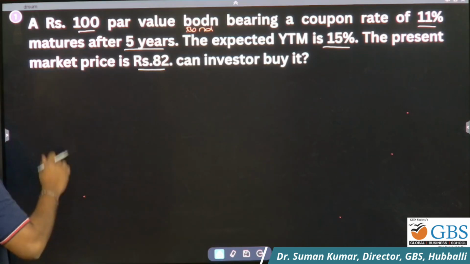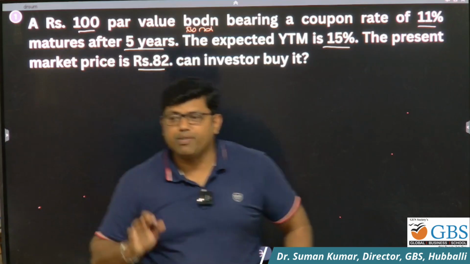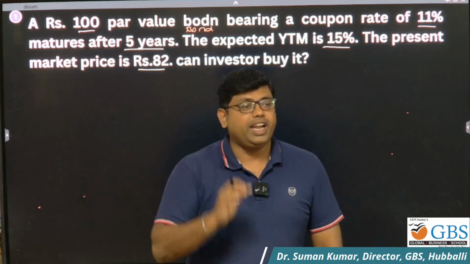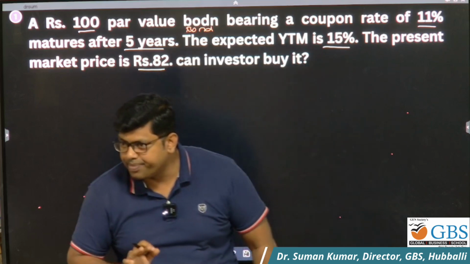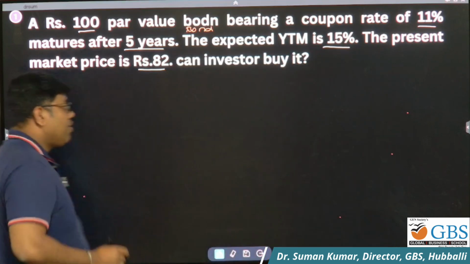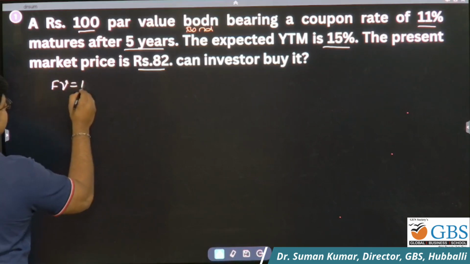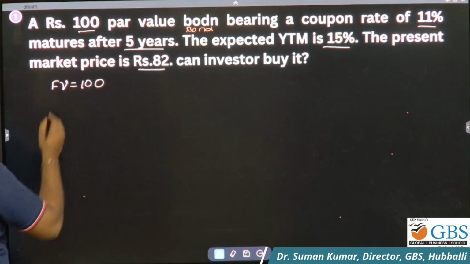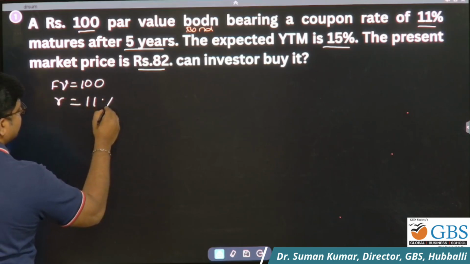We should conclude. First, we'll start to find the present value. Present value of a bond can be found by using YTM. YTM is a must to find the present value. So YTM is given, right? Also the face value is 100 rupees. Coupon rate, that is R, is 11%.